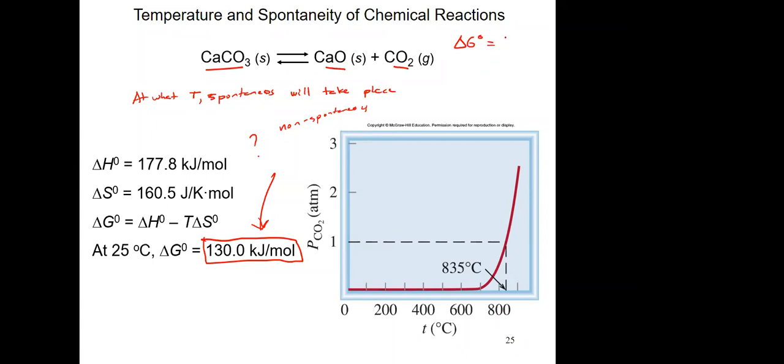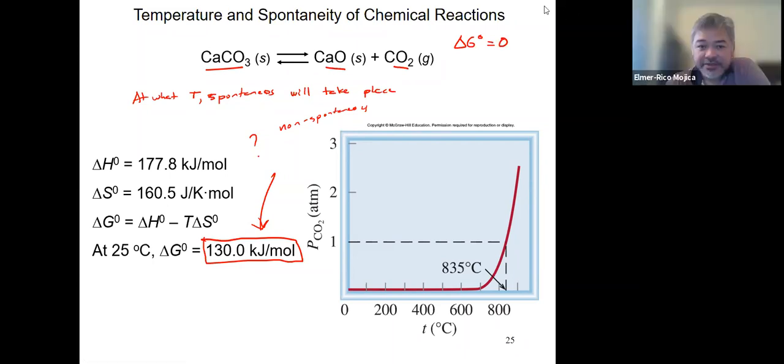You should set delta G to 0 and then solve for T. So if you look at the relationship there, once you have a 0, you have delta H minus T delta S. So you can have T delta S equals delta H, right? And to get the temperature, you divide both sides by the delta S.